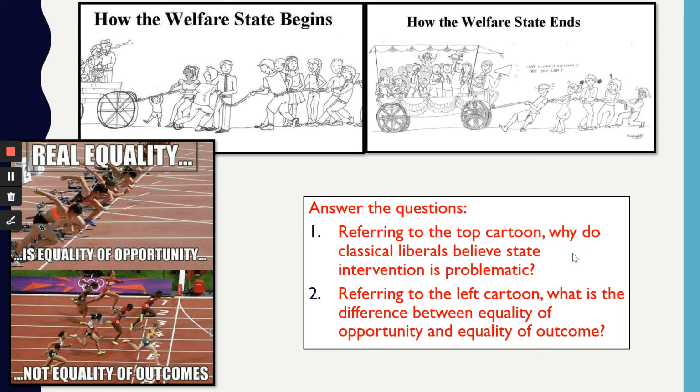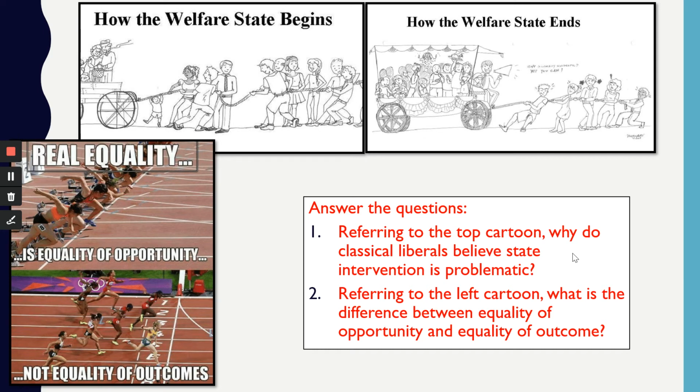So I've got two cartoons here just to illustrate some of the things we've been talking about. The one at the top, on the left, welfare state begins, so you can see everyone's pulling those two that are in the cart, and they seem happy to do so. And then on the right, you can see how the welfare state, and it seems that most people have jumped on the bandwagon.